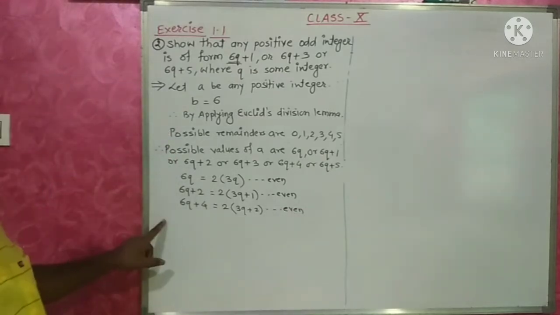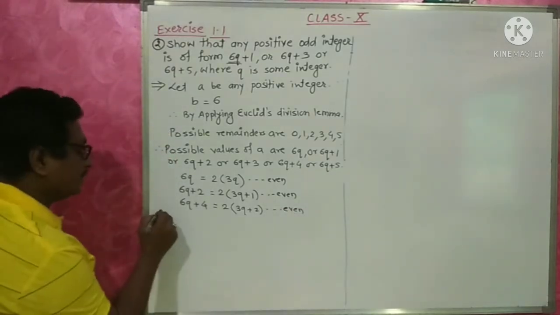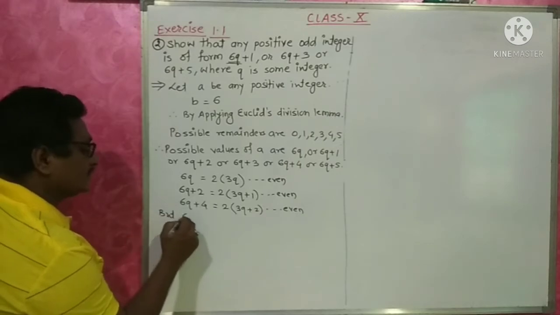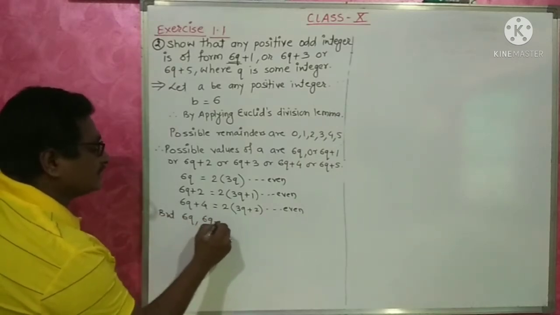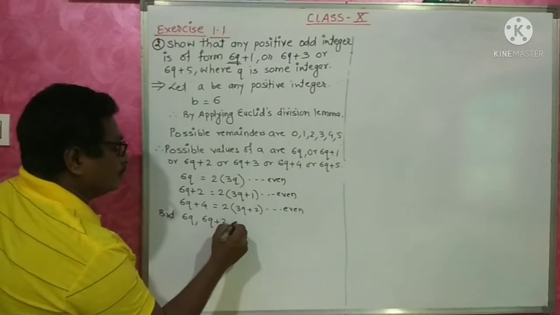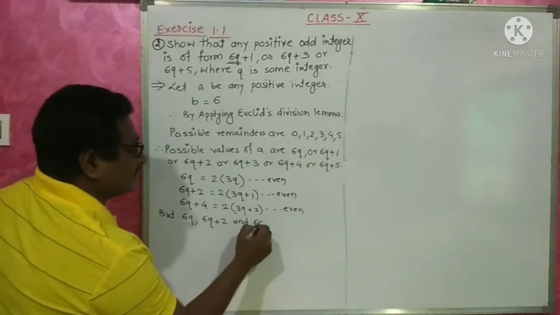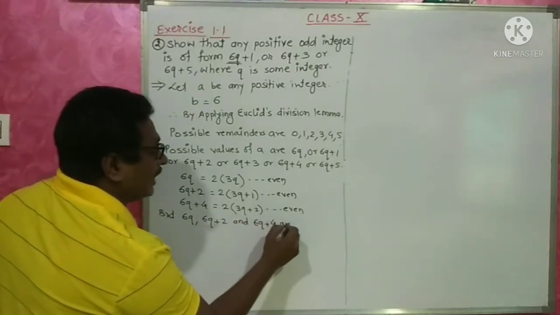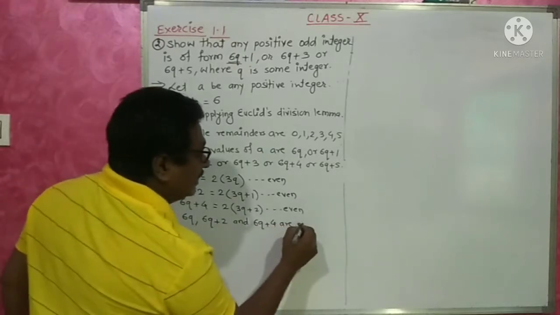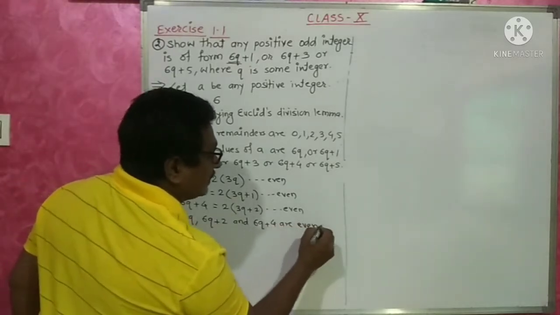These numbers are even, so 6q, 6q plus 2 and 6q plus 4 are even integers.